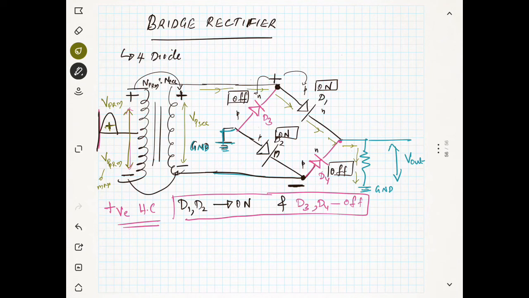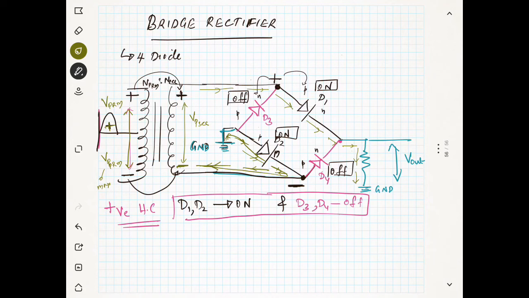Now you see, this is the negative terminal, so the current has to come to the negative terminal because current starts from positive and goes to the negative. But you see D4 is off, so the current should take the path through D2. So the current is taking the path like this, and it is going to the negative terminal.